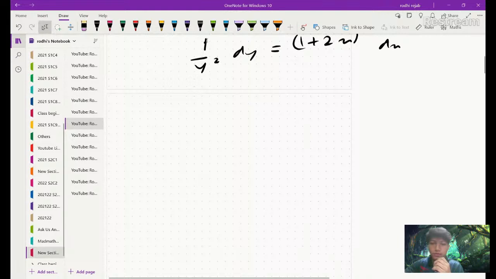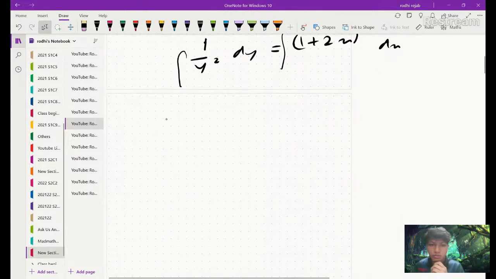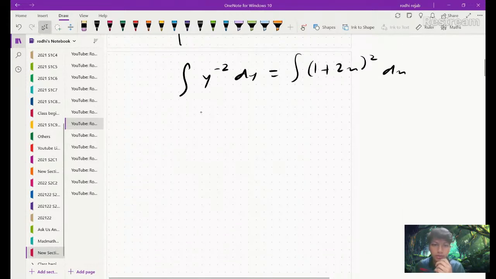So now we'll have to integrate both sides. So this will be y to the power of negative 2 dy is equal to 1 plus 2x square dx. So we will get y to the power of negative 1 over negative 1 is equal to 2 times 1 plus 2.